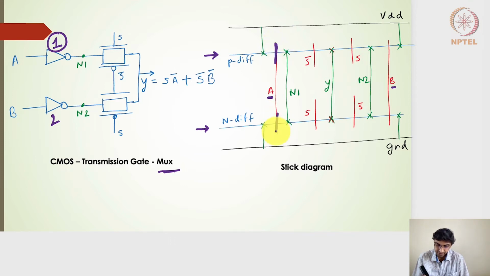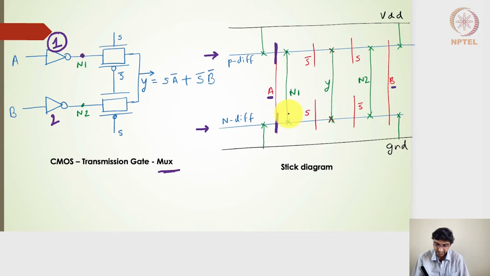A is cutting here, so that means I need to have the diffusions to make the NMOS and the PMOS transistors complete. So what I've done is, on one side of the diffusion, it is connected to the VDD, and the other side it is connected to this particular N1 node. Right. Similarly, for the NMOS transistor on the N diffusion line, one diffusion is connected to the ground, the other diffusion is connected to the N1 node.